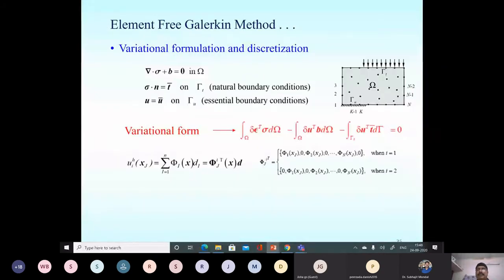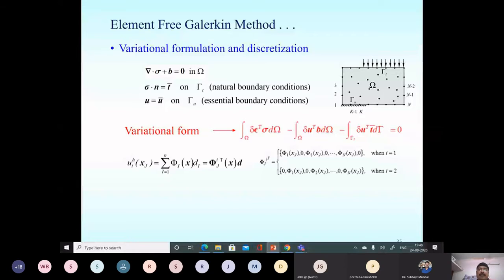Generally, if you have a 2D problem, this is how the governing equation and the boundary conditions are specified. As in FEM, we deal with the weak form, either the variational form, or we can derive this using the Galerkin weighted residual method. The simple thing is the variational form.